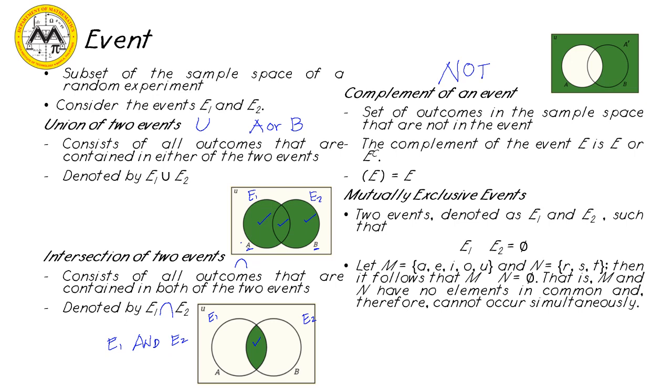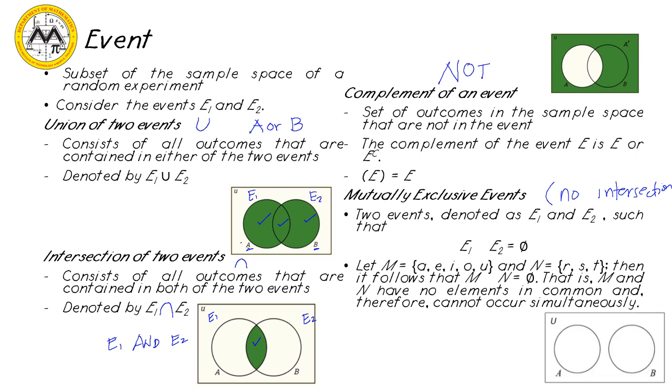For mutually exclusive events, that means there's no intersection. Graphically, using Venn diagram, we can visualize that as this one. Observe that there's no common region between A and B. So since there's no intersection, we can say that they are mutually exclusive.